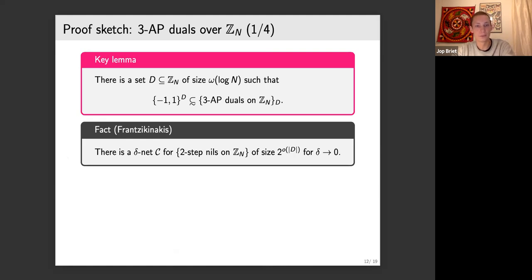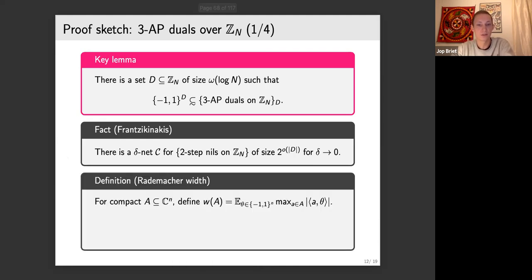And to put these together, I'm going to use a measure of, let's say, complexity. That measure is called the width, or Rademacher width. It's defined as follows. For a compact set in C to the n, you define its width essentially as the average maximal inner product of a point in your set and a randomly distributed -1,1 vector, so a point in the n-dimensional Boolean hypercube.